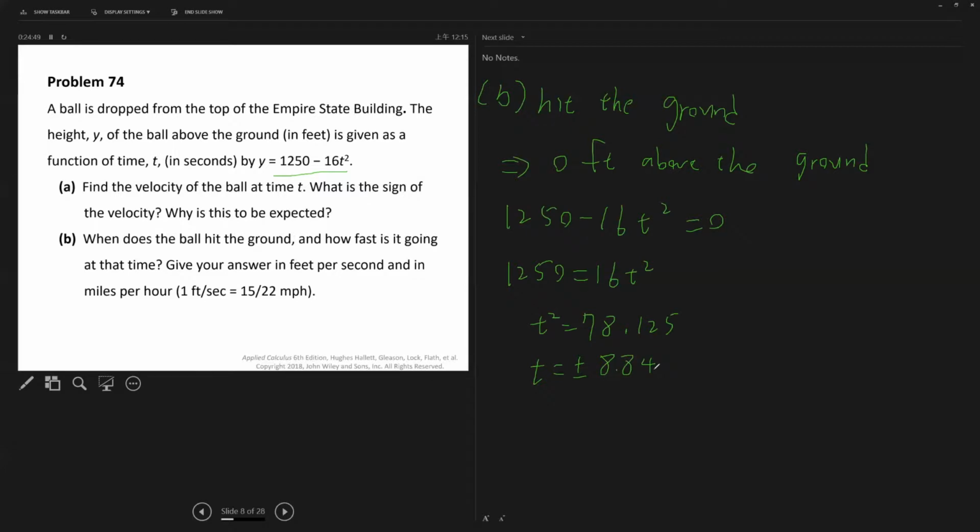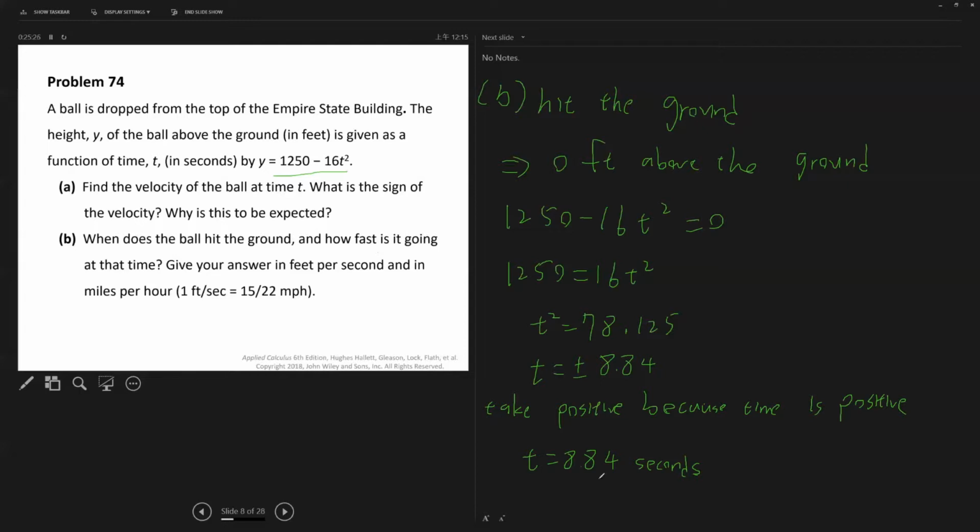Remember that t is time, so we only need to take the positive one because time is positive. So t is 8.84 seconds. It means when you drop the ball, after 8.84 seconds the ball is going to hit the ground. Next, we want to know how fast it is going.